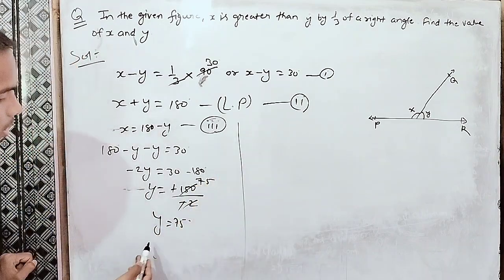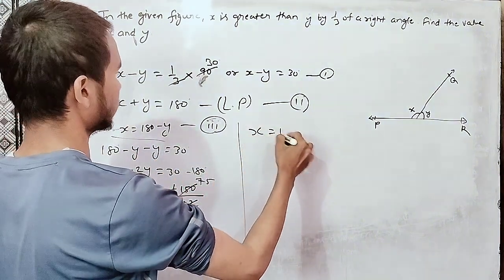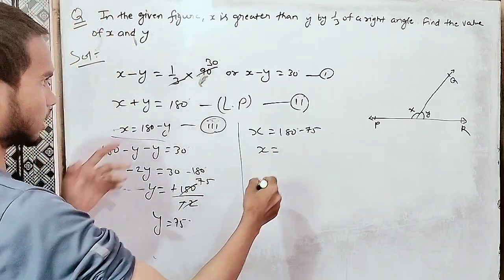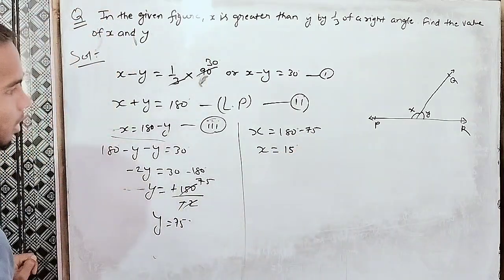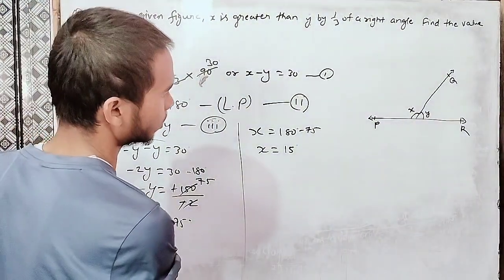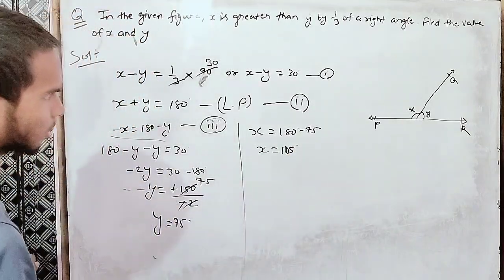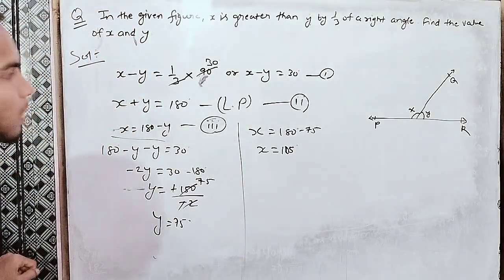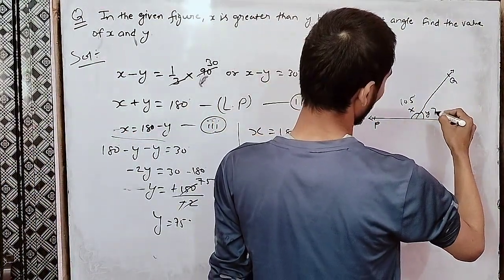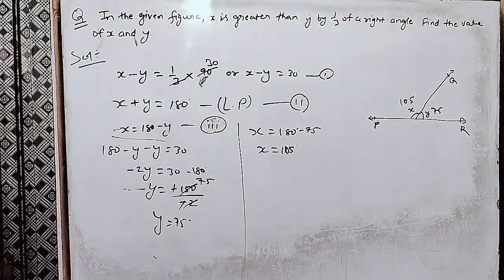Just put the value of y in equation third, then we will get 105. So we can say this is a 105 degree angle, and this is what? 75 degree. This is how we will solve it.